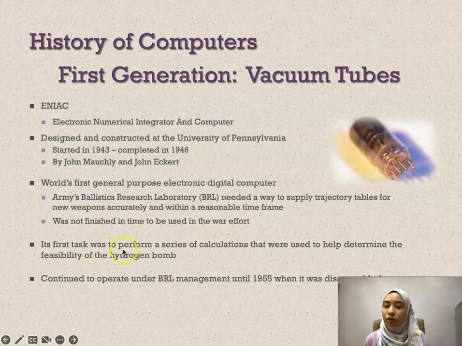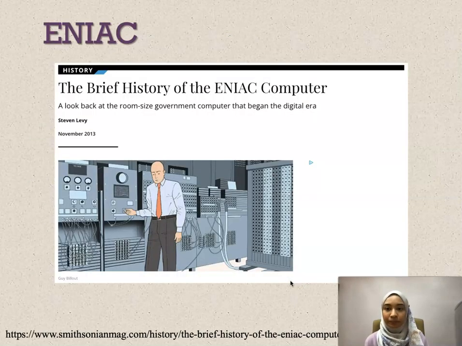Its first task was to perform a series of calculations used to help determine the feasibility of the hydrogen bomb. So it was used for bombs as well. It was funded by the US Army, of course, and continued to operate under BRL management until 1955, when it was disassembled.